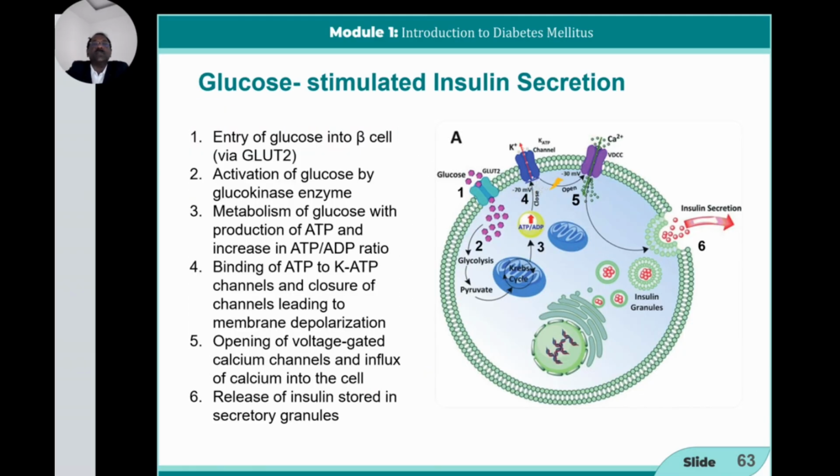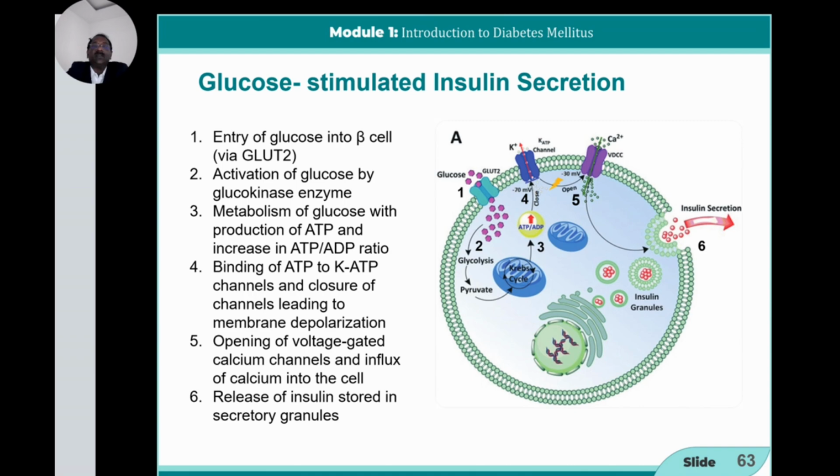So this is the glucose stimulated insulin secretion. When your diet contains more and more carbohydrates, carbohydrates are nothing but glucose. Again, this glucose goes to the pancreas. Which cell? Beta cell or alpha cell? Beta cell.